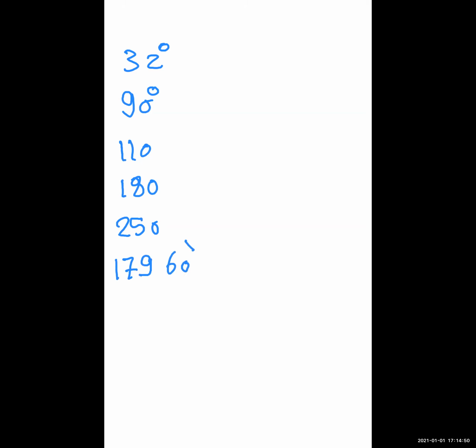If there is one angle with a measurement of 32 degrees, for example, and 90, and 110, and 180, and 250, 179 degrees and 60 minutes, 180 and 1 over 4 degrees.